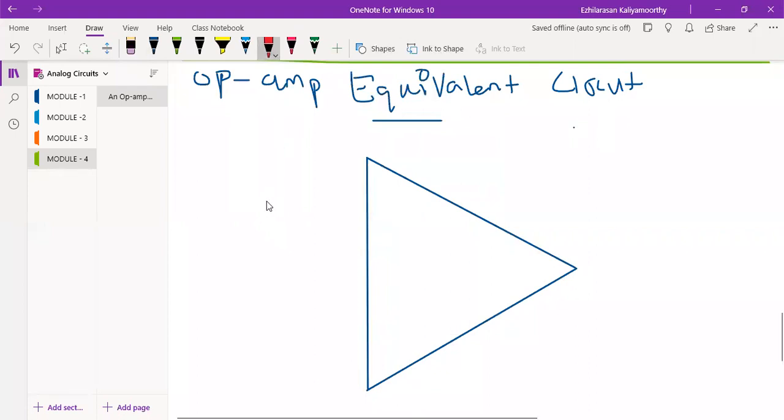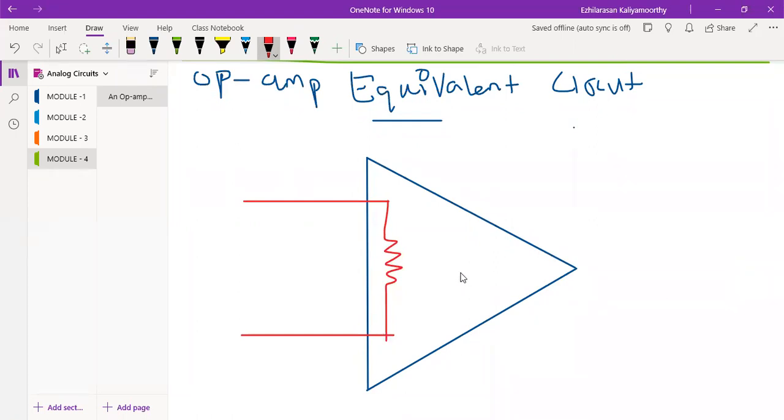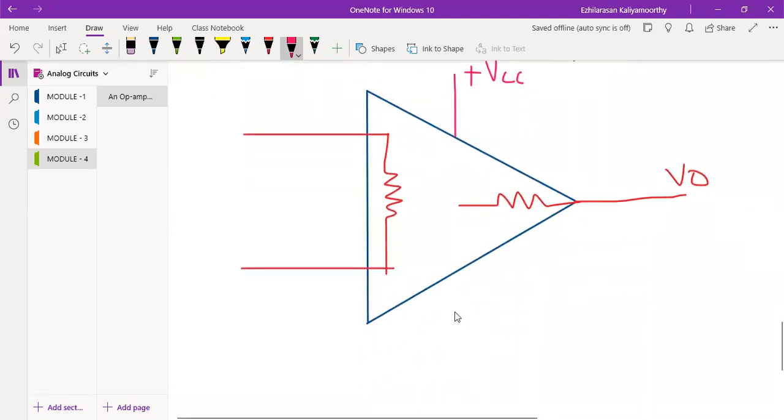Let me draw now. This will be your V naught. This will be your plus VCC. Then this will be your minus VEE.